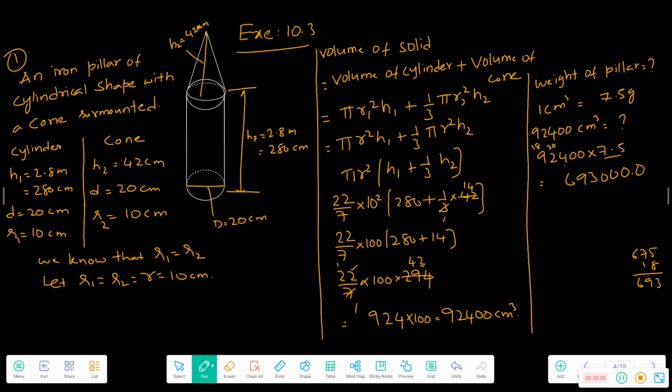We have one decimal, so the answer is in grams. Now you can convert this into kgs, that is 693,000 by 1000 kg. So 3 zeros get cancelled, it is 693 kgs. So the weight of the pillar is 693 kgs. I hope you have done with this problem. Now let me go with the next question.